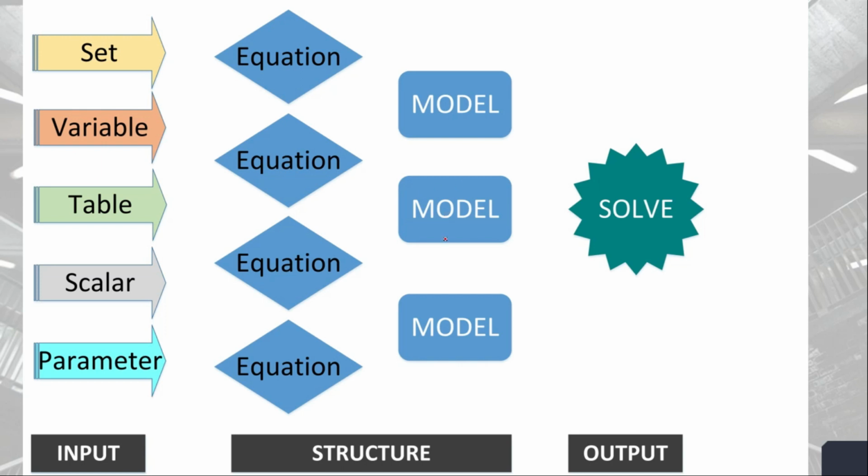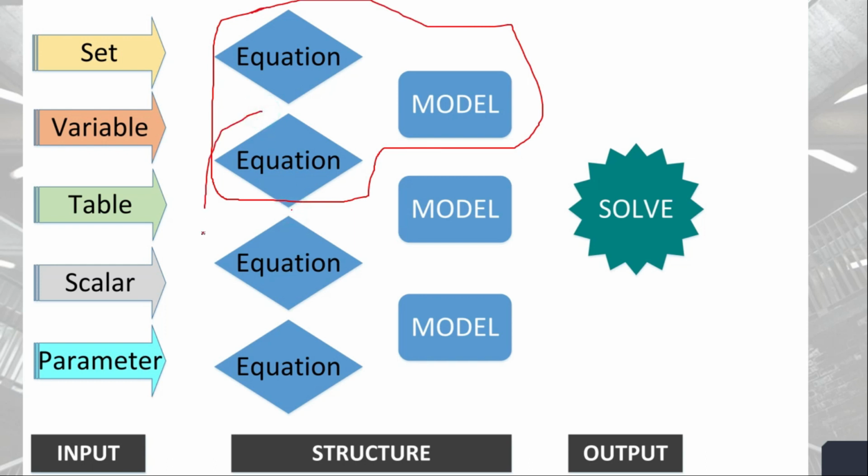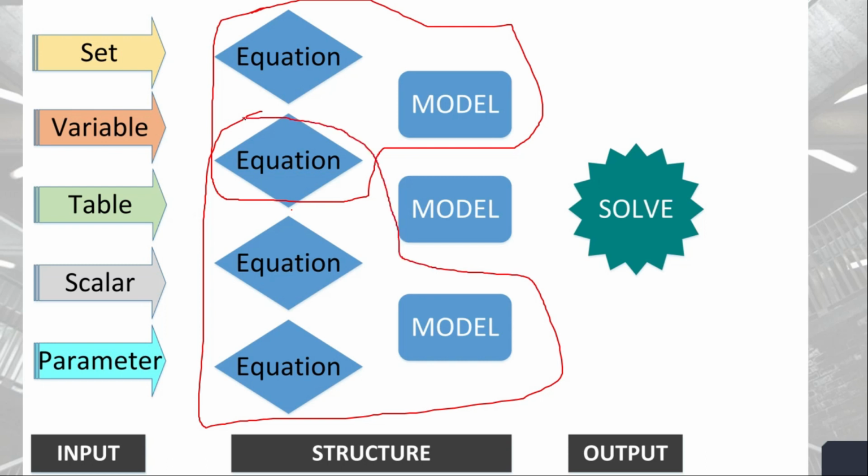There are some specific models also, like some specific equations, for example these two equations are connected with this model, right? And these three are connected with this model. Now sometimes we need to exclude some constraints from the model and solve that.